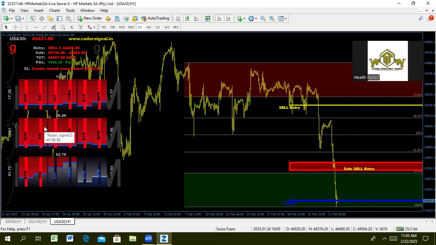They include the strength of that pair, that index, or that cryptocurrency. To know whether that cryptocurrency is strong or weak, the indicators give us clear information and confirmation of the direction of that pair.